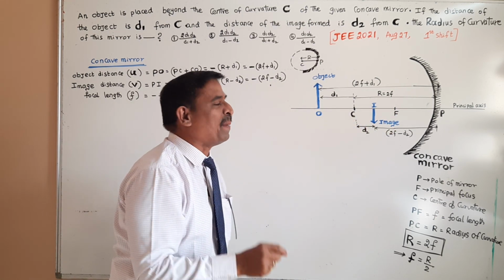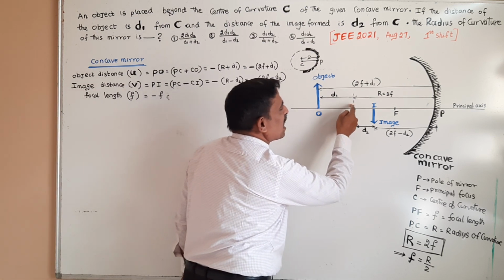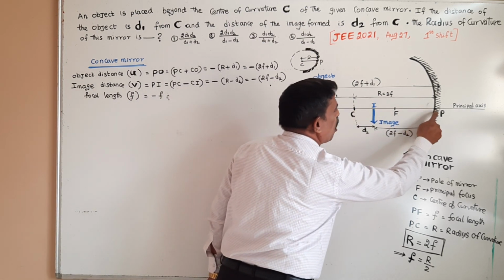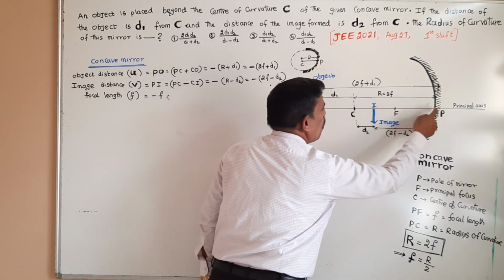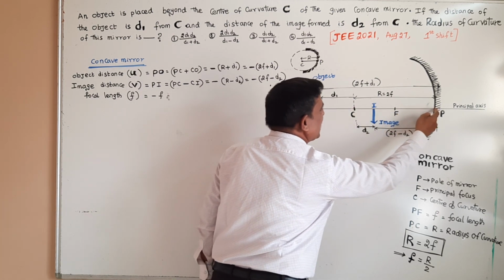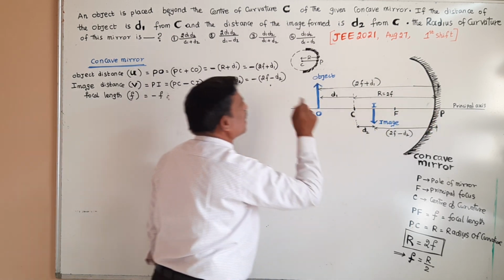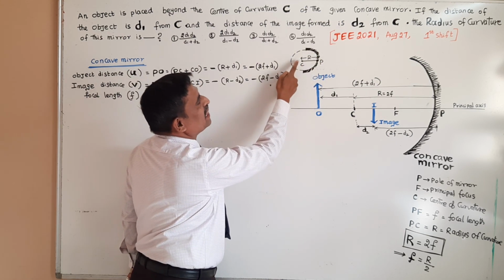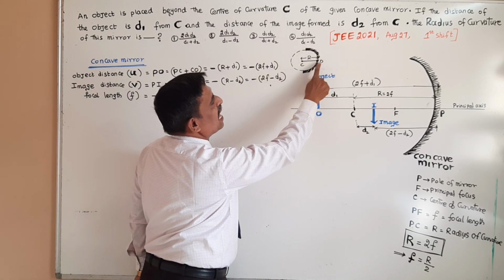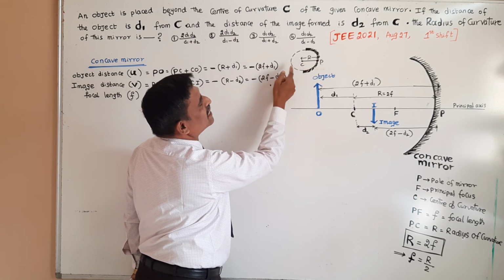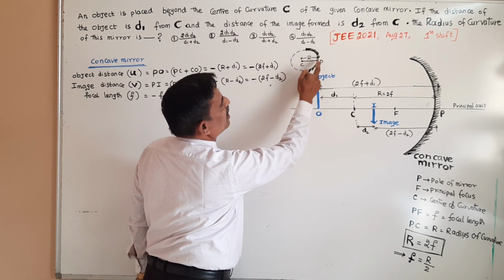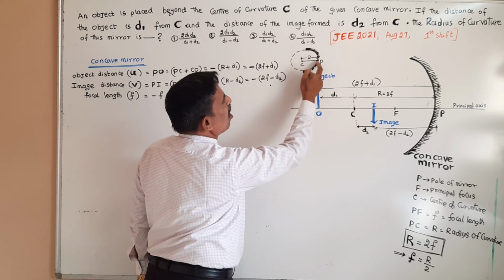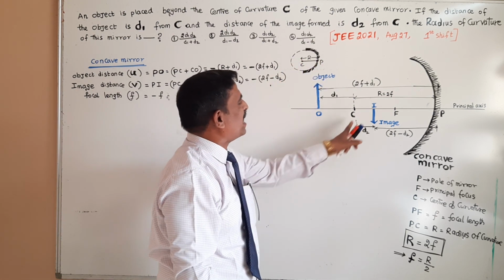The distance between the center of curvature and pole of the concave mirror we call the radius of curvature of the mirror.